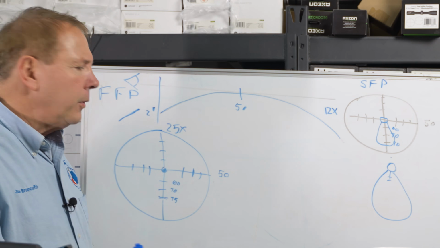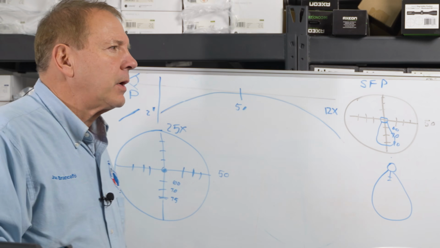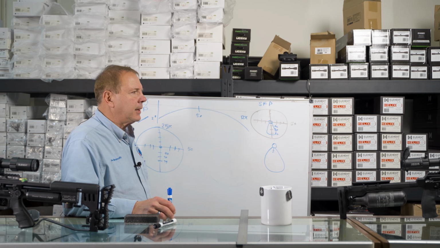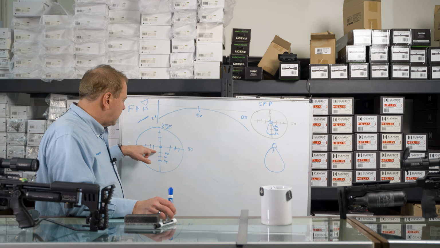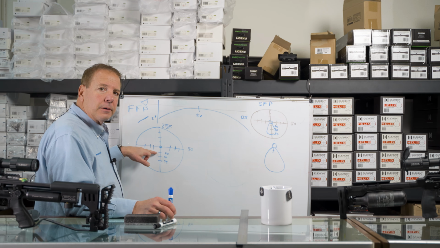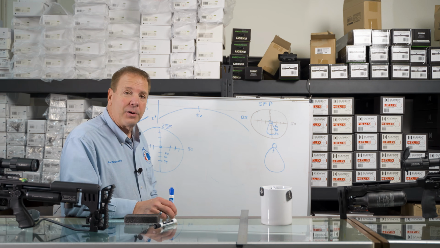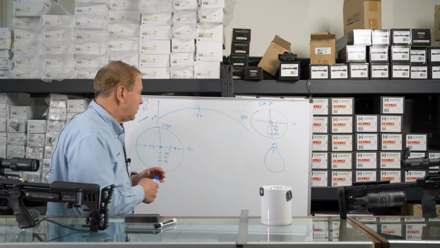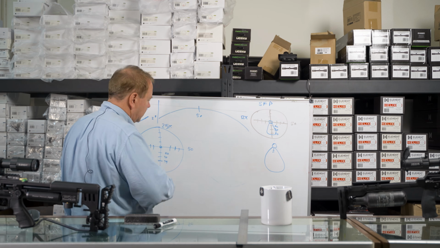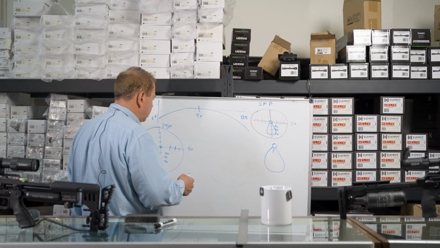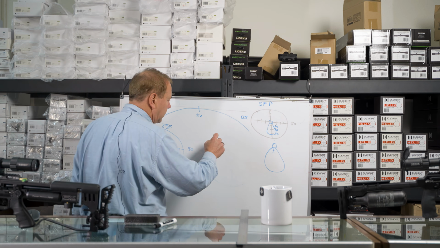Okay? Well, the wonderful thing is, let's say I get my laser rangefinder and I see a ground squirrel at 60 yards. What does it take to hit it? Well, if I stay at this 25x, I use that first reticle. If I go to any other power, I still use that first reticle. It just looks different. So let's say this scope went to 50x, just because I want to go up in power.